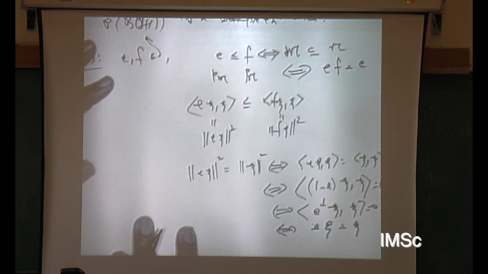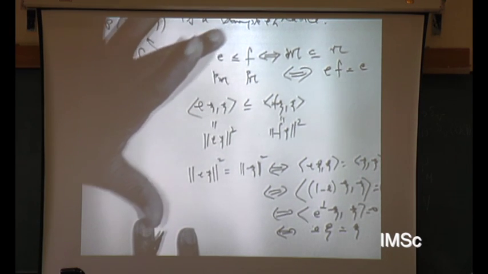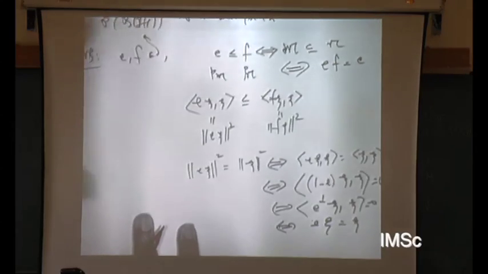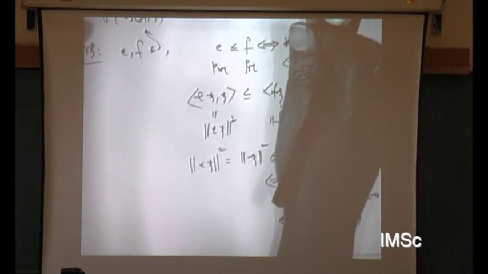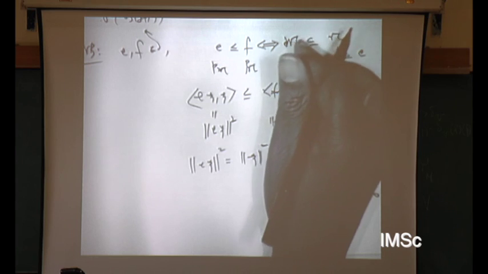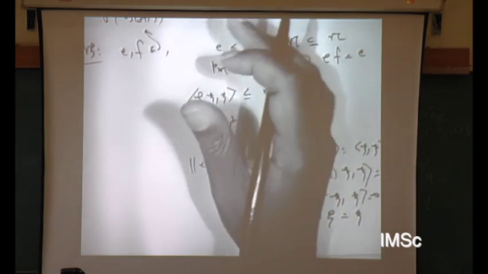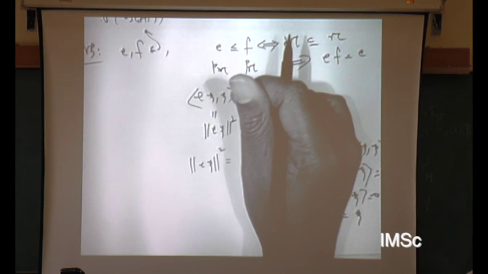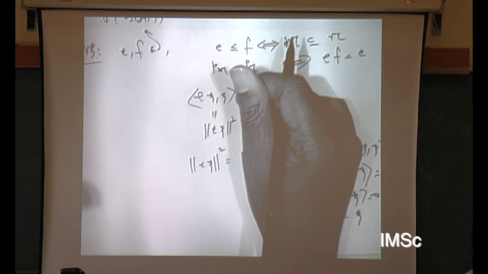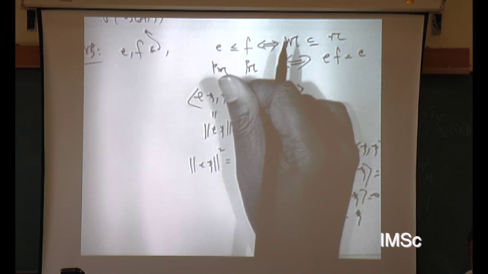Okay. So the remaining thing is this. What is meant by complete lattice? That means it is a partially ordered set where every non-empty subset has a least upper bound and a greatest lower bound.